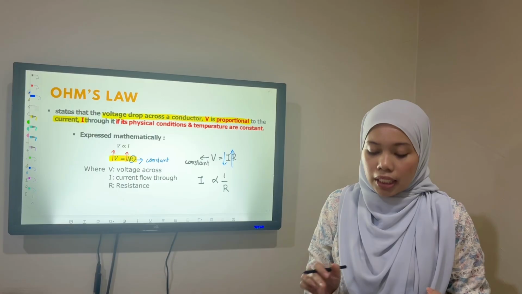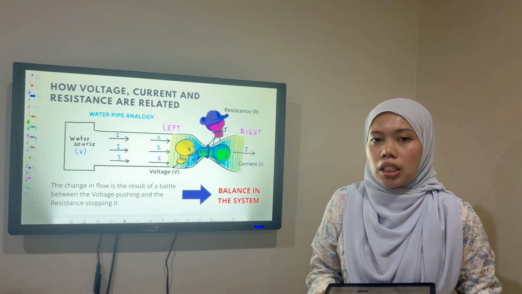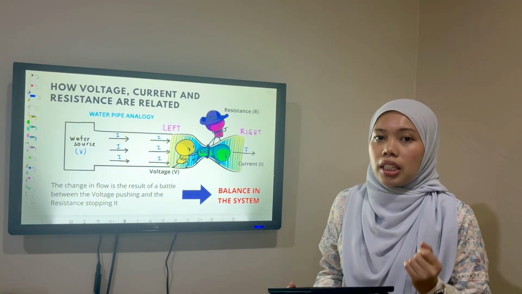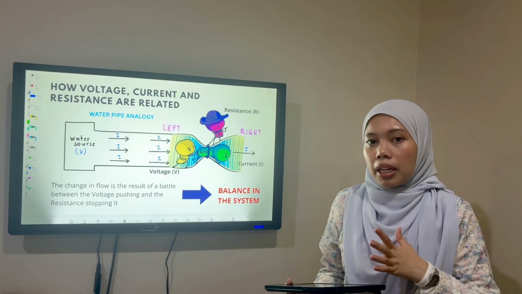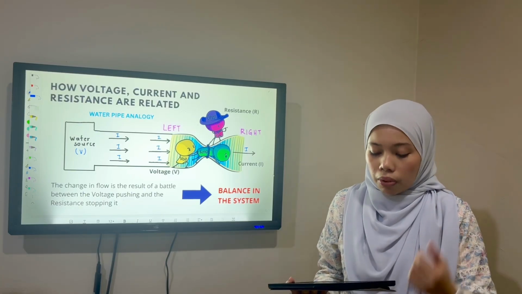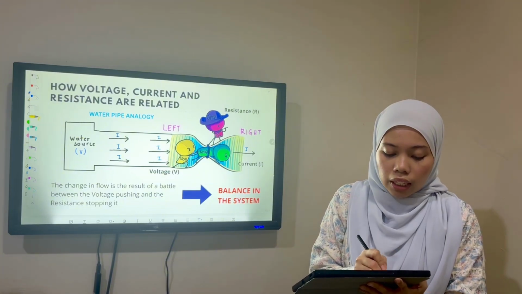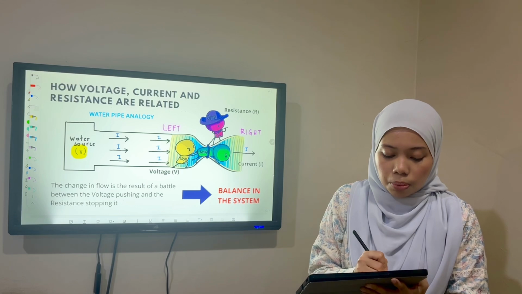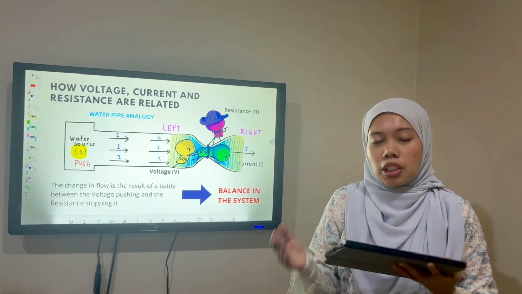In order for you to understand it better and visualize how it works in the electric circuit, we could use the analogy of a water pipe, which shows exactly how an electric circuit works. In a water pipe, we could see water flow smoothly or with difficulty. From here, we assume a water source as a voltage, where this voltage provides the push of the electric charge.